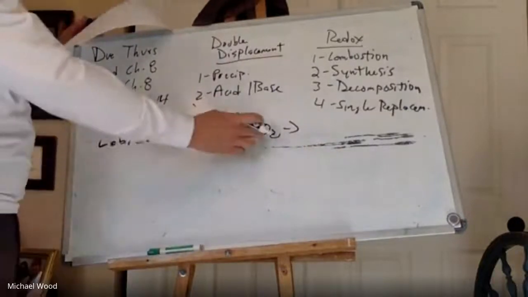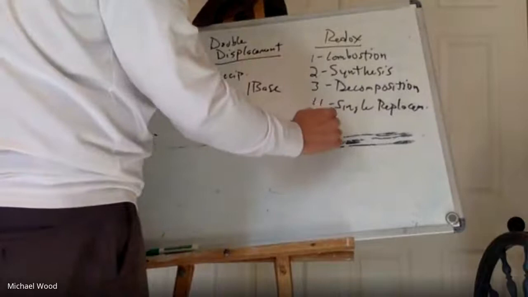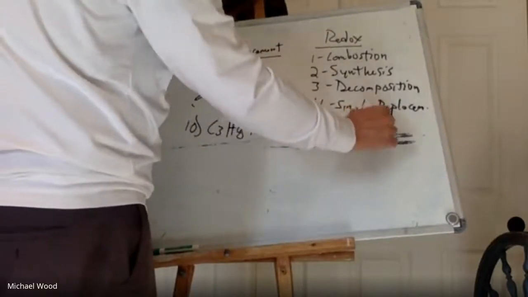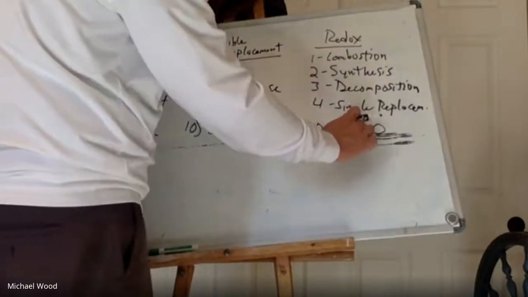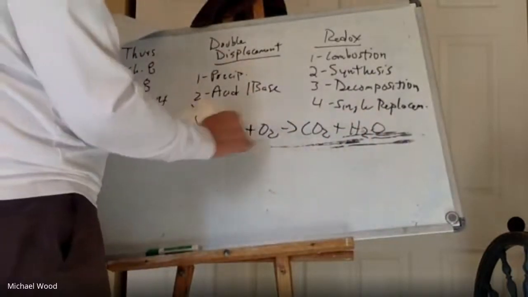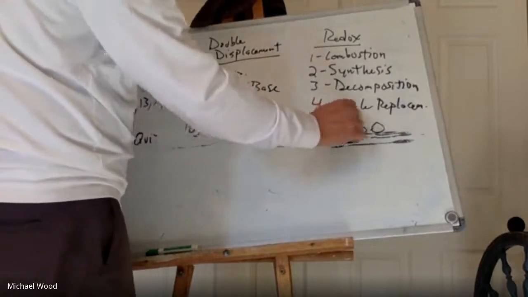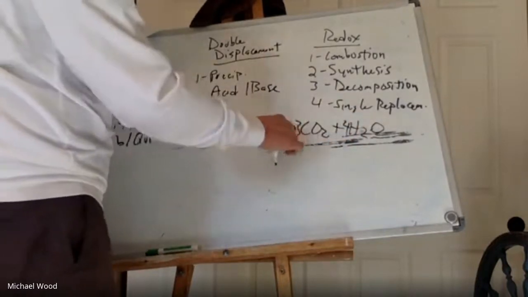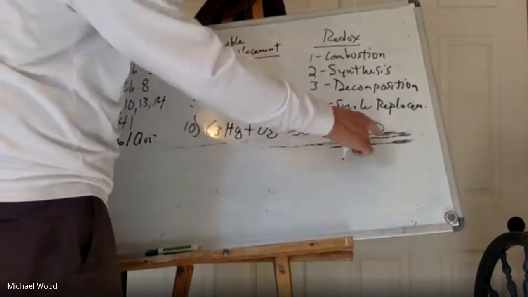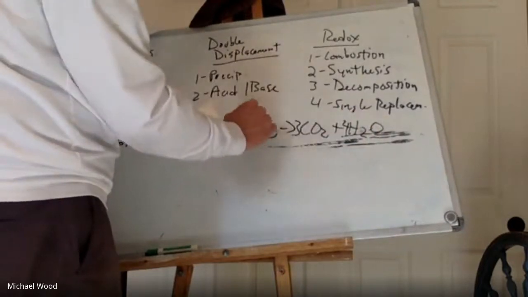So here's combustion, because it's plus O2, and if it's combustion of a hydrocarbon, you get off CO2 and water. And then I just have to balance. So 3 carbons, so 3 there. 8 hydrogens, so here 4. 4 times 2 is 8. And then oxygens, 3 times 2 is 6, and 4 more is 10. So 6 and 4 is 10, so 5 there. Balances that out.